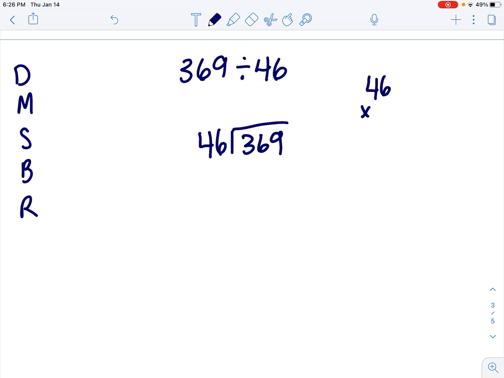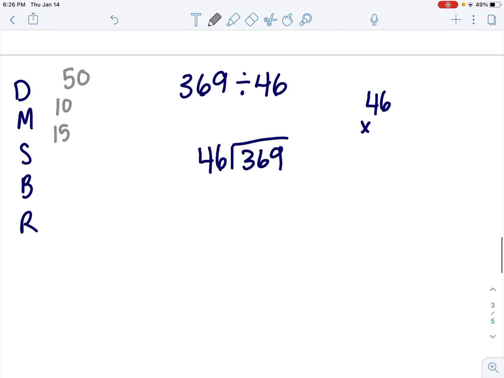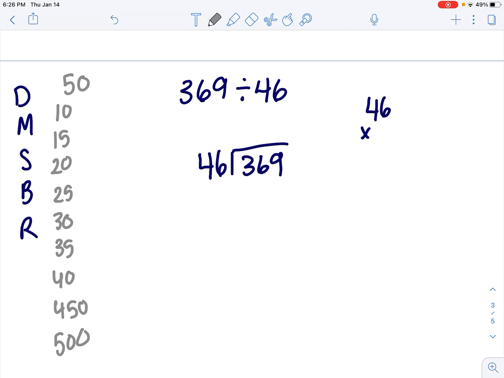Okay, so some of you might have skip counted by 50. First, I'm going to skip count by 5s. 5, 10, 15, 20, 25, 30, 35, 40, 45, 50. And then I draw those zeros on the end to change our skip counting from 5s to skip counting by 50. Some of you might have even skip counted by 40.